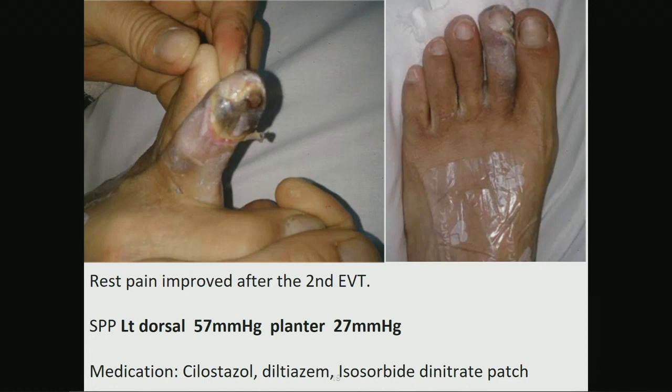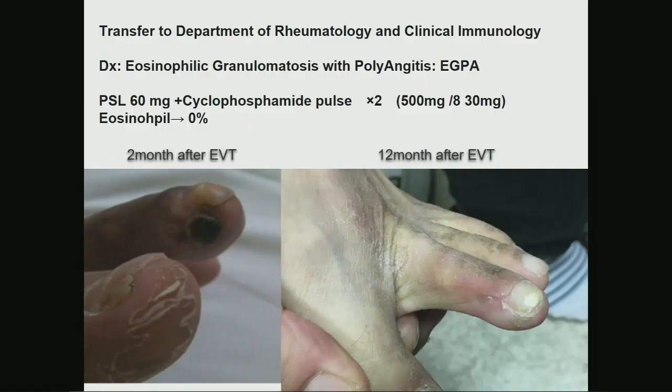After that, the rest pain was improved, and SPP elevated at the dorsal portion. In addition to the warfarin, we started cilostazol, diltiazem, and an isosorbide patch at his dorsal foot.